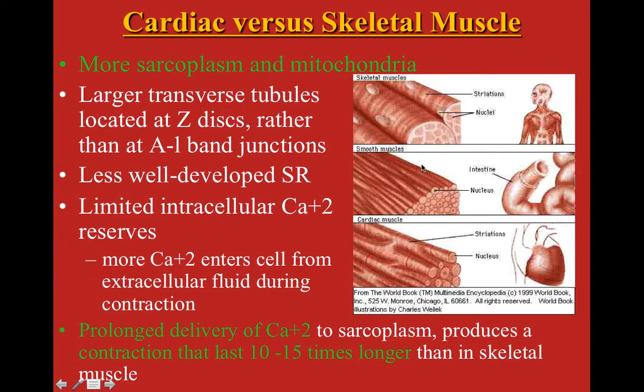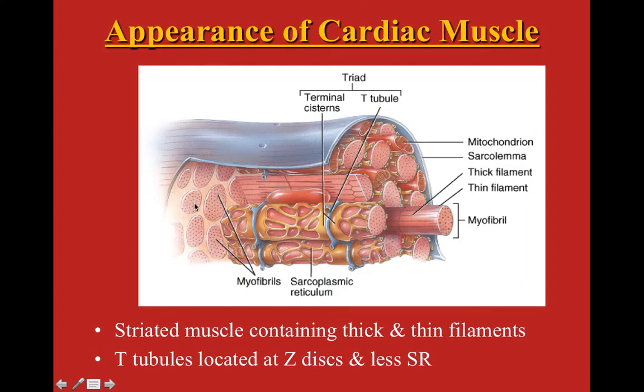And we can see some pictures showing some contrast between the skeletal muscle here, smooth muscle, and cardiac muscle. Here, cardiac muscle in a more blown up kind of picture, we can see the striated muscle that has the thick and thin filaments, and we see that there are the T tubules with the terminal cisterns and the mitochondria there between each muscle fiber.